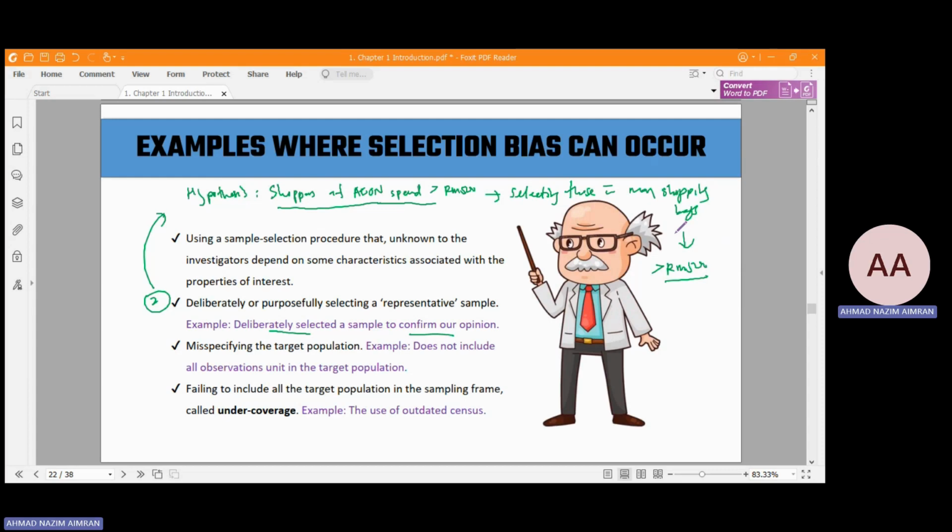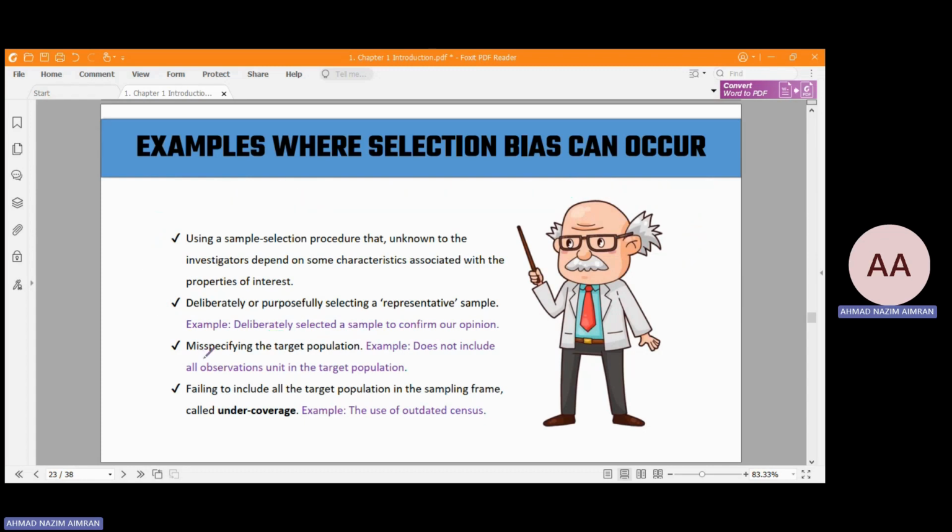So this is what the second point is trying to explain, right? And number 3 is misspecifying the target population. Example, not including all observation units in the target population. Okay, so let's look at this one. This is very interesting because over time the definition of the target population might change. For example, in Malaysia we have belia.